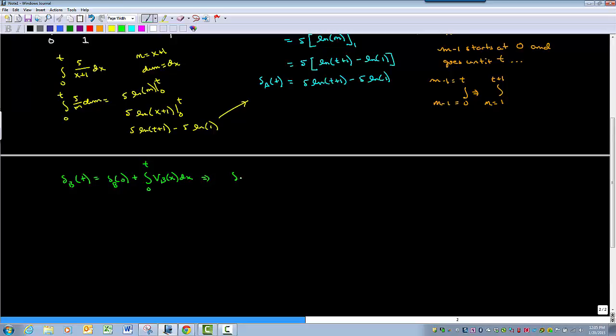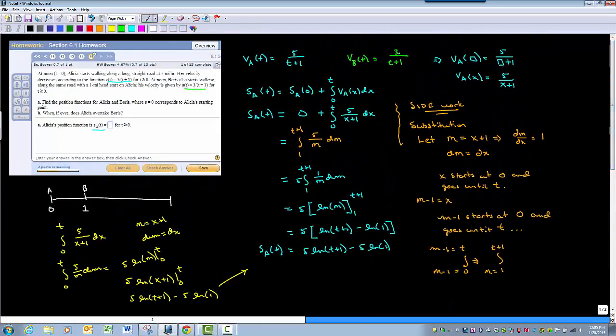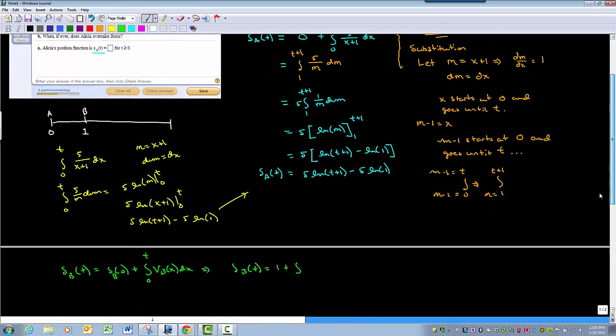Well, what do we know? We know that his initial position where he starts is 1 mile. We also know that his velocity function is 3 over t plus 1.